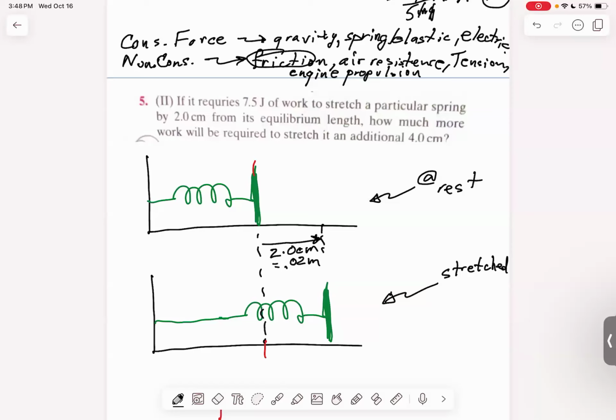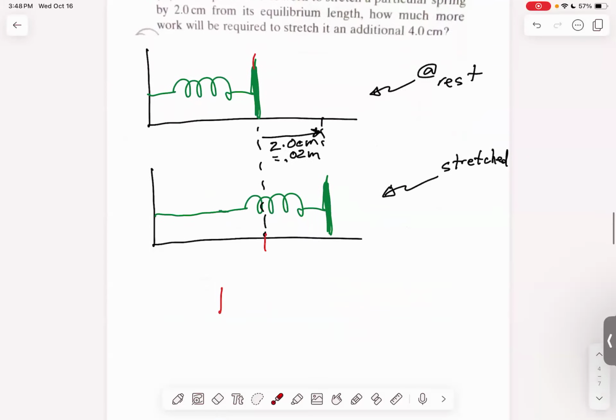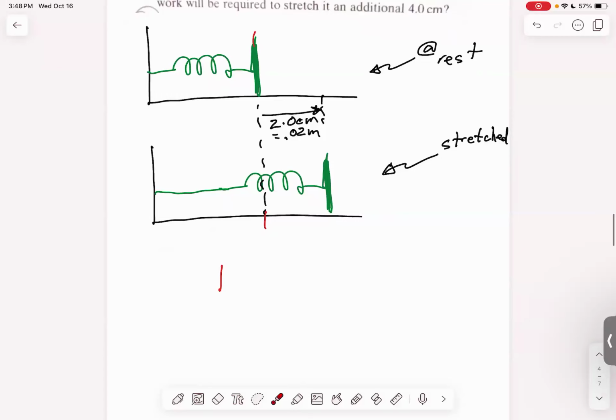Okay, so we pull that spring out 0.02 meters in this direction. Now let's write down what it tells us. It said that the work that it's going to take to move the spring is going to be 7.5 joules.